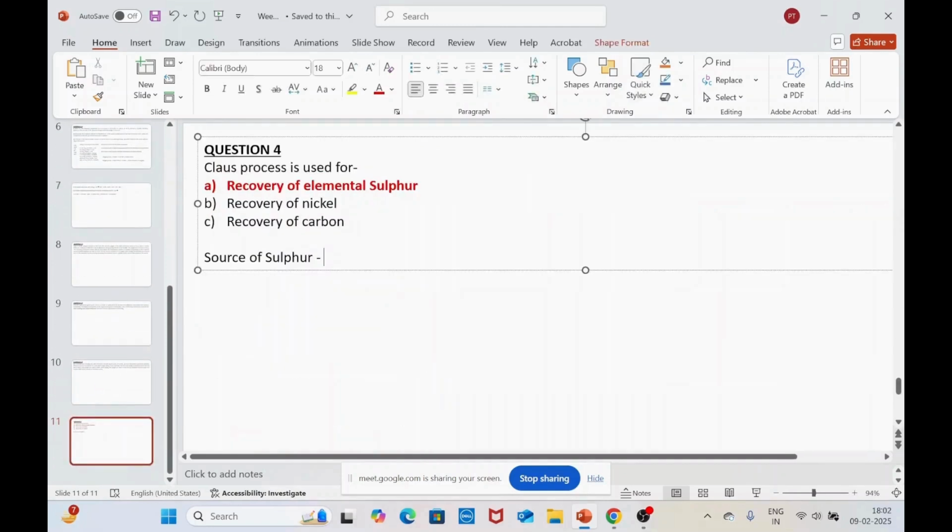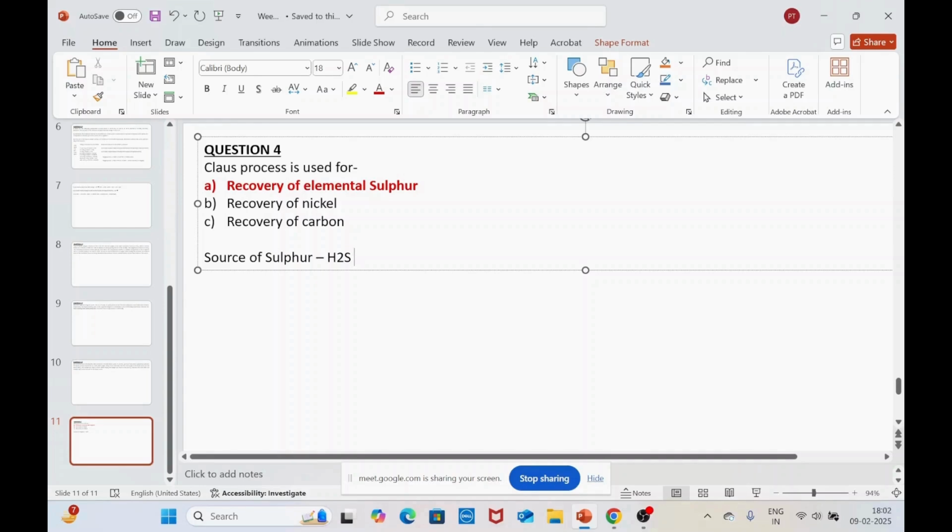So the source of sulfur in this case is going to be H2S, hydrogen sulfide. From here we are going to recover our elemental sulfur.